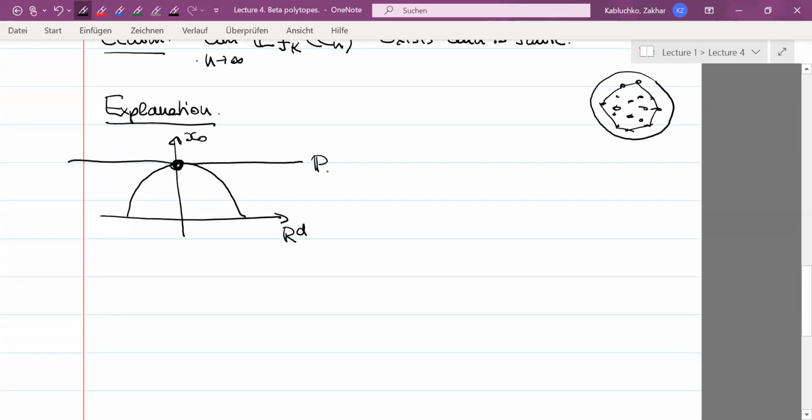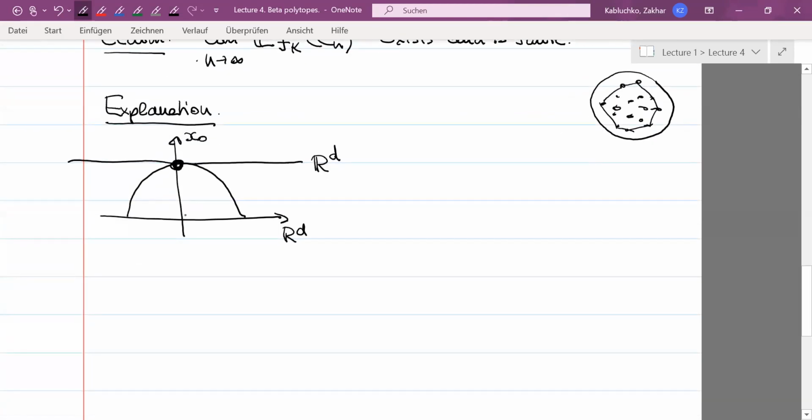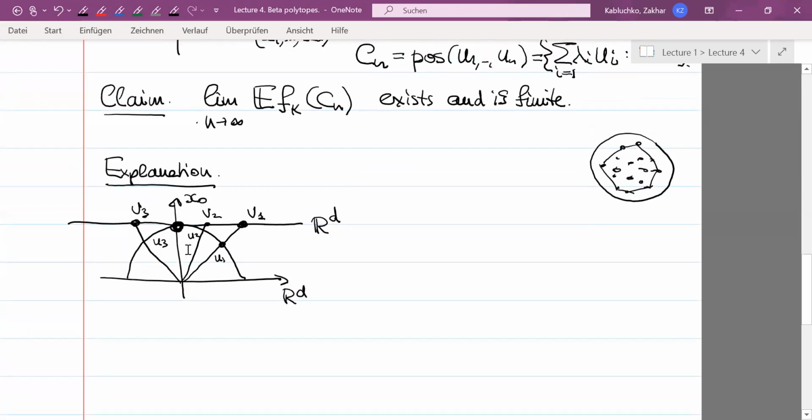The tangent space is again d-dimensional. And then we project all the points, so all the directions. If this is, for example, v_1, then we project it to this tangent space. If this is v_2, it is projected to v_2, and so on. Then instead of this cone, we can consider its intersection with the tangent space, which is a polytope there. And we shall characterize this polytope.